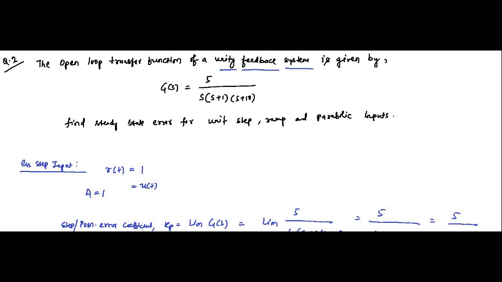Then find out what type of inputs are being applied, what is the nature of such inputs, whether it is unit step or simply step, or what is the value of that step constant. Depending on that, you have to figure out whether it is step, ramp or parabolic.